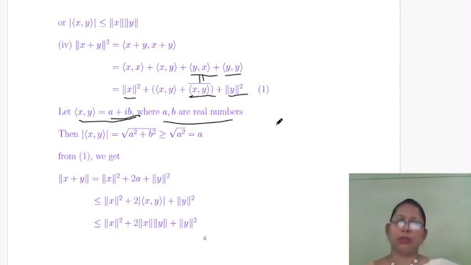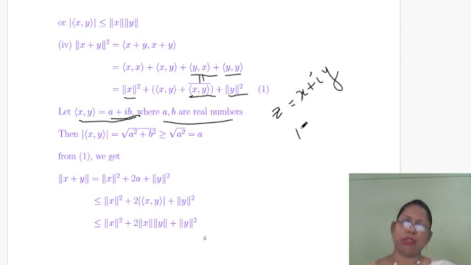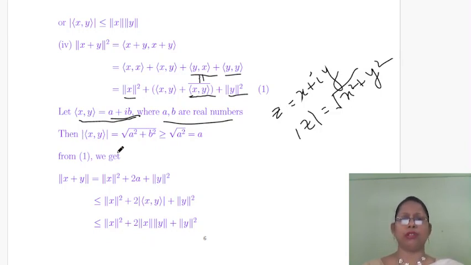In case of a complex number, we know that if z equals x plus iy, then the modulus of z is the square root of x square plus y square. So the modulus of the inner product is greater than or equal to the square root of a square, which is equal to a.